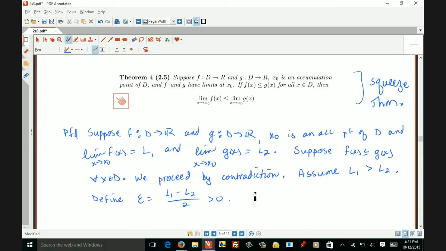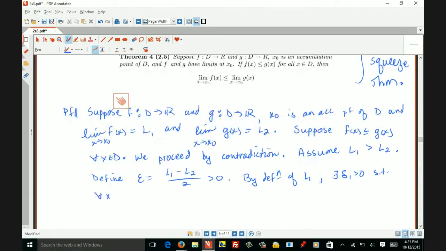By definition of L1, I know that there exists a delta 1 greater than 0 such that for all x in D with 0 less than |x minus x naught| less than delta 1, we have |f of x minus L1| less than epsilon.